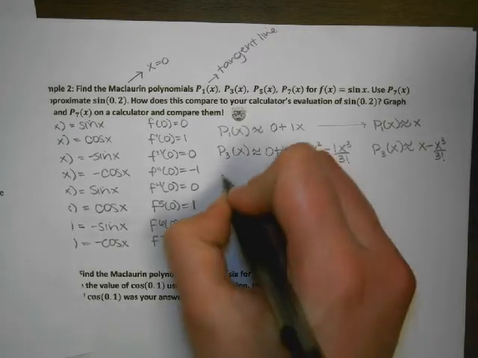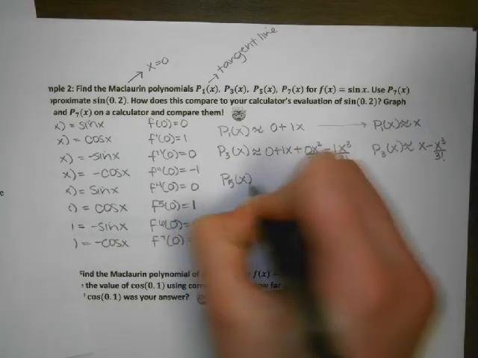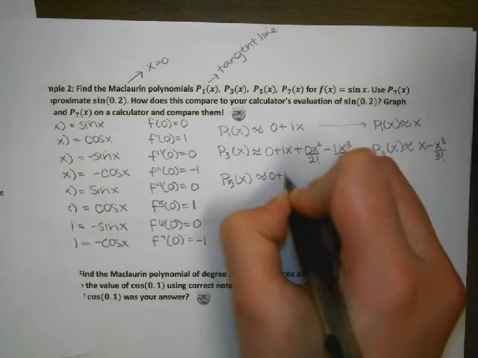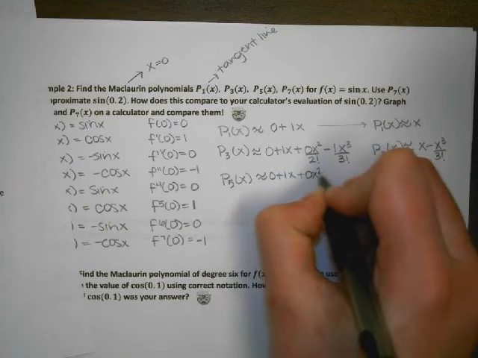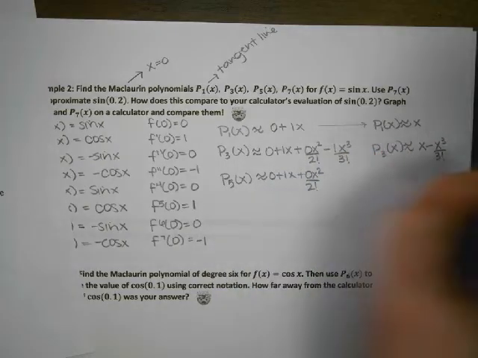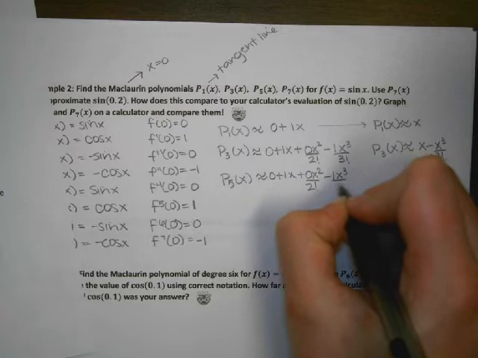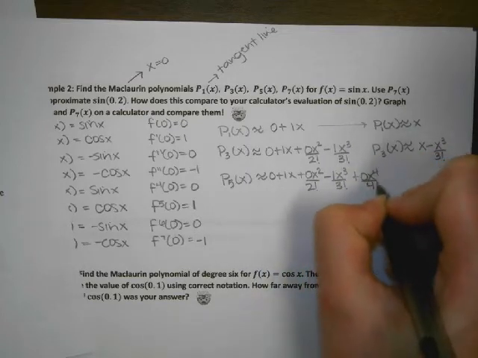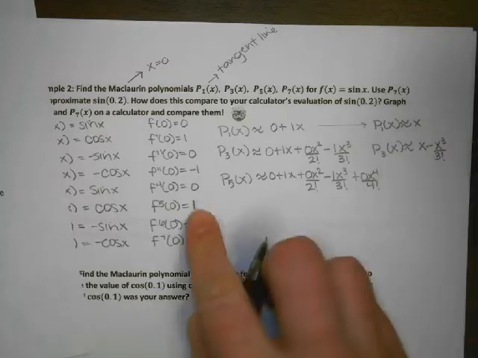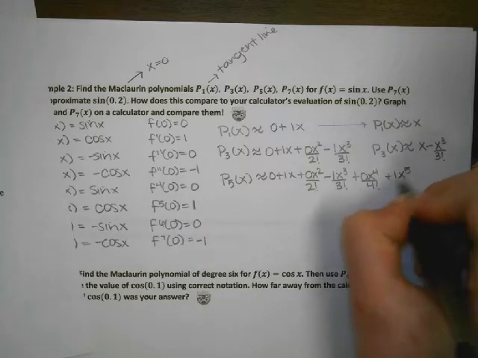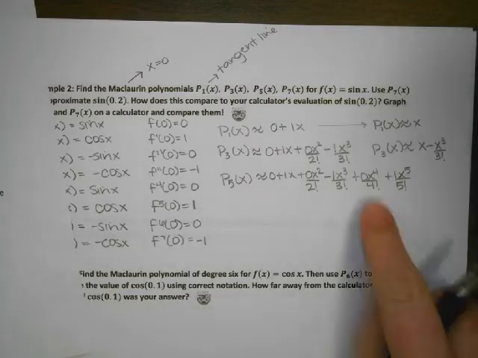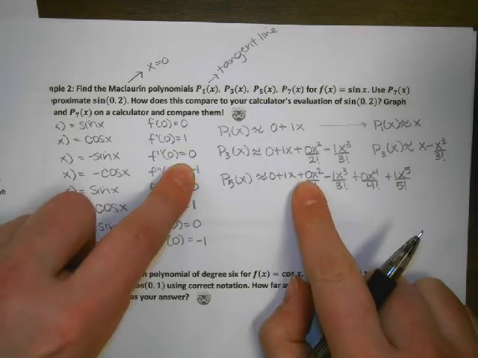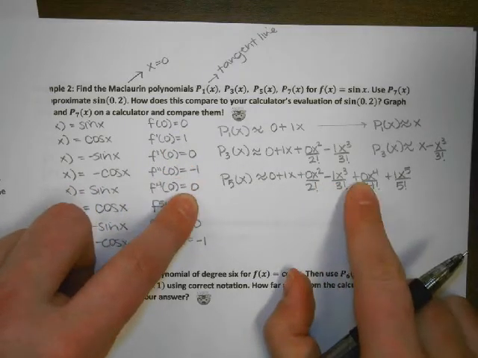All right, the fifth degree Maclaurin polynomial is 0 plus 1x plus 0x squared over 2 factorial minus 1x to the third over 3 factorial plus 0x to the fourth over 4 factorial and then plus 1x to the fifth over 5 factorial. So we've got 0, 1, 0, -1, 0, 1.